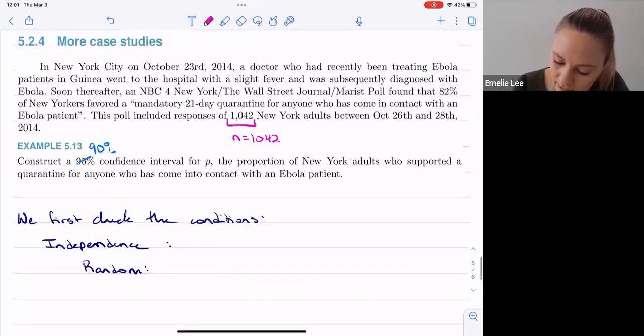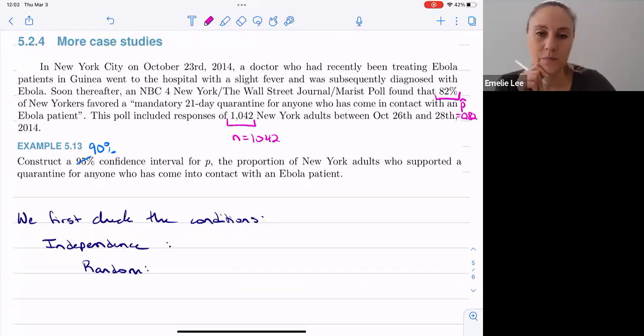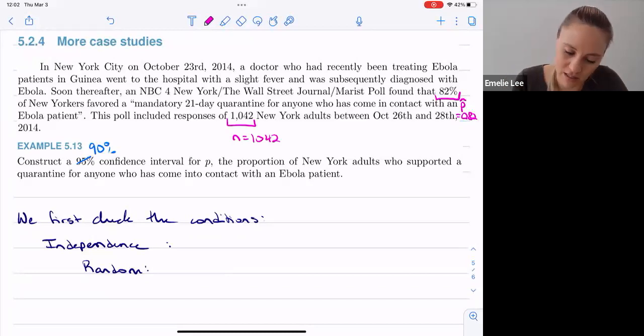And the poll found that 82%, so p hat is 0.82, because we're going to talk about the proportion that supported this mandatory quarantine, right? And so that's your p hat. Now, it doesn't actually say that the sample was randomly selected, but I think it's safe to say that if NBC4 New York and the Wall Street Journal and the Marist poll all got together, it's safe to assume that it was randomly selected.